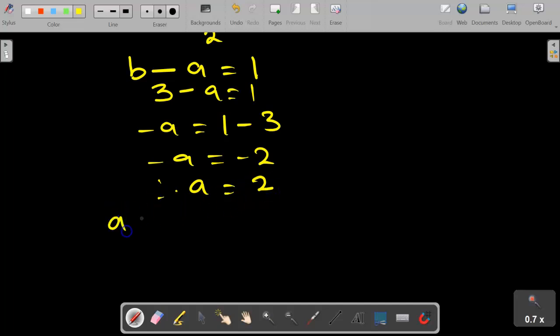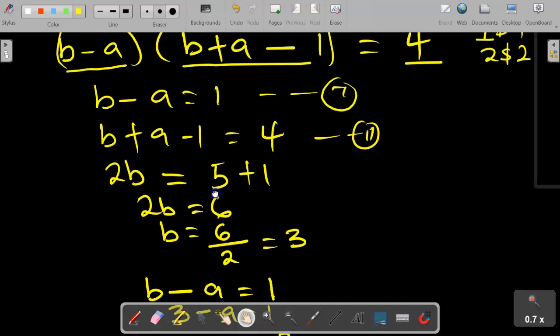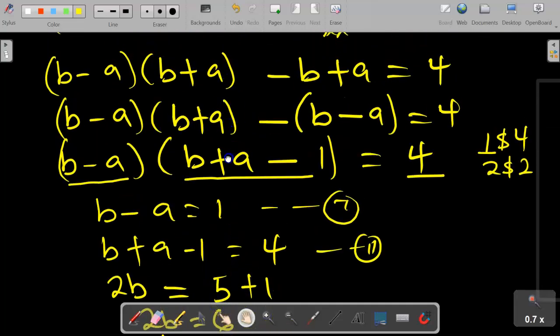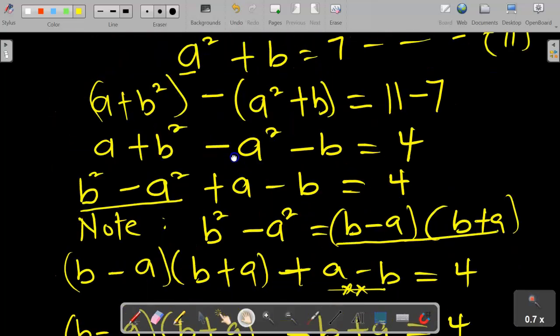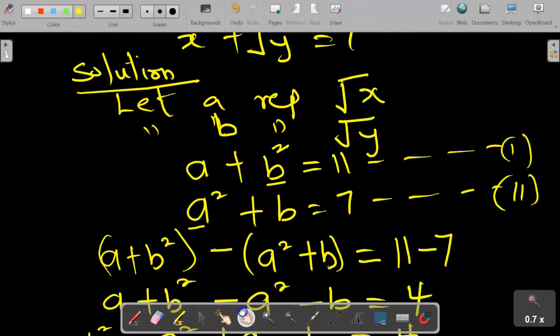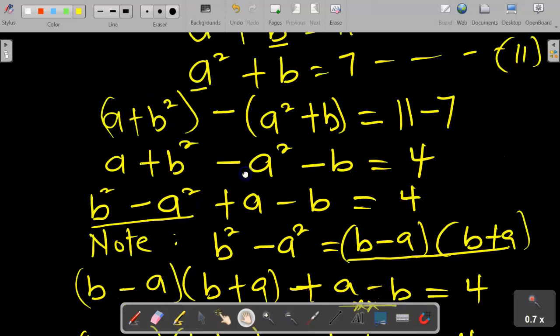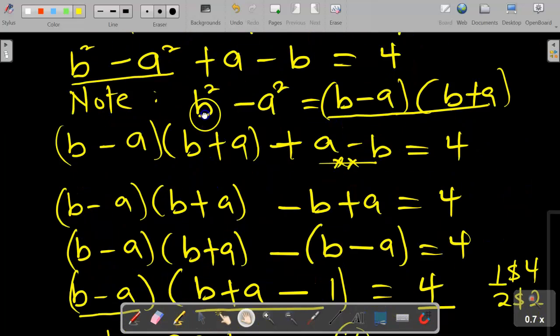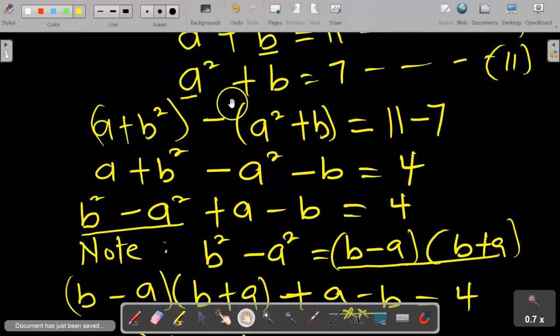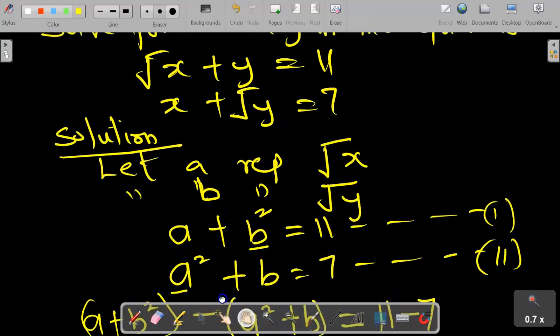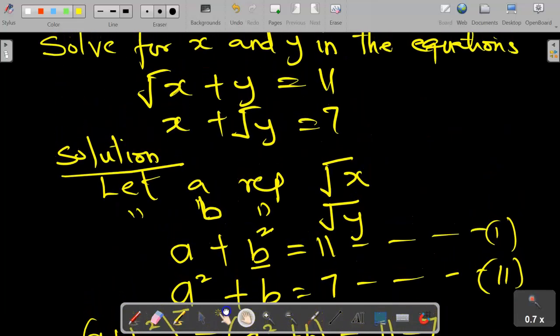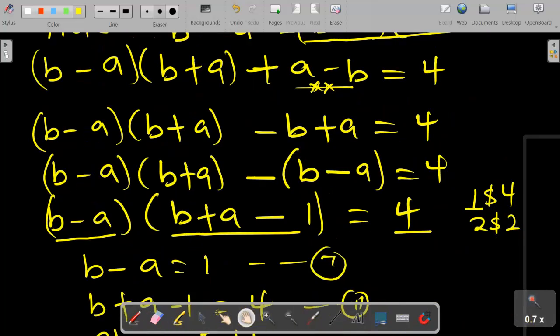So I've gotten a to be equal to 2 and b to be equal to 3. Don't forget, from the beginning we said a represents root x and b represents root y. And the question asked us to look for the values of x and y.